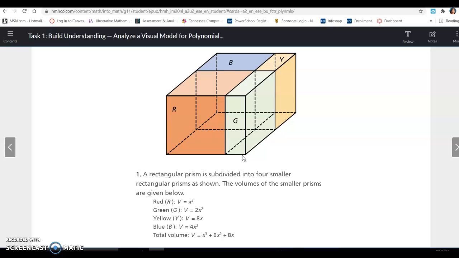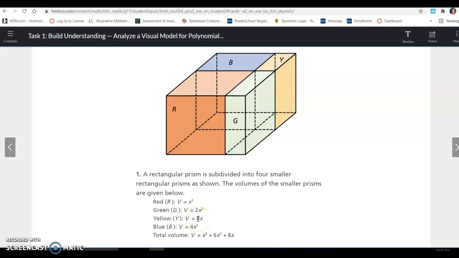And then for the yellow, we know that the height has to be x because it is on the others, and we know that this is 2. And so the other side length that we don't know right here would have to be 4, because 4 times 2 is 8, and that's what it says. 8x is the volume there.